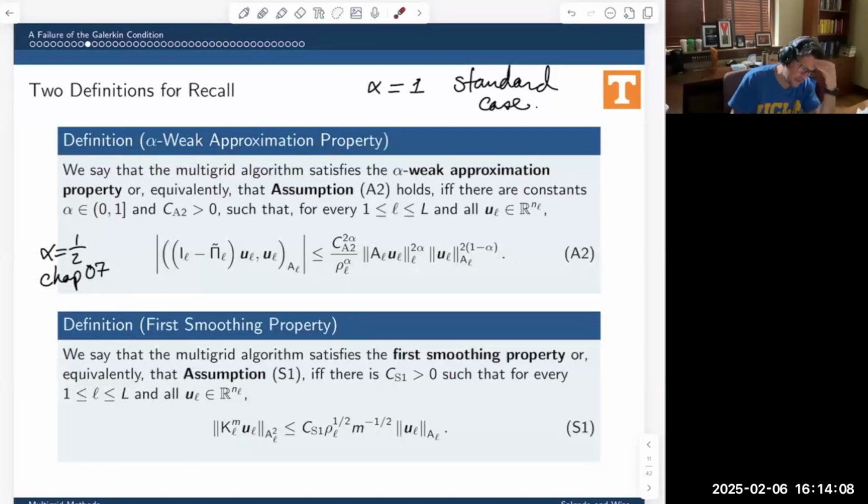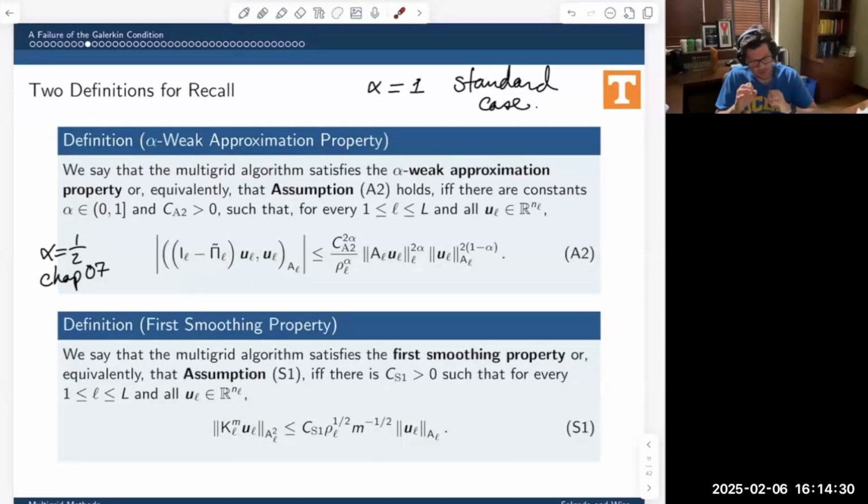An approximation property says something about the error in the coarse grid correction. And so that's obtained by looking at this matrix I minus pi_L tilde. This is a square matrix.